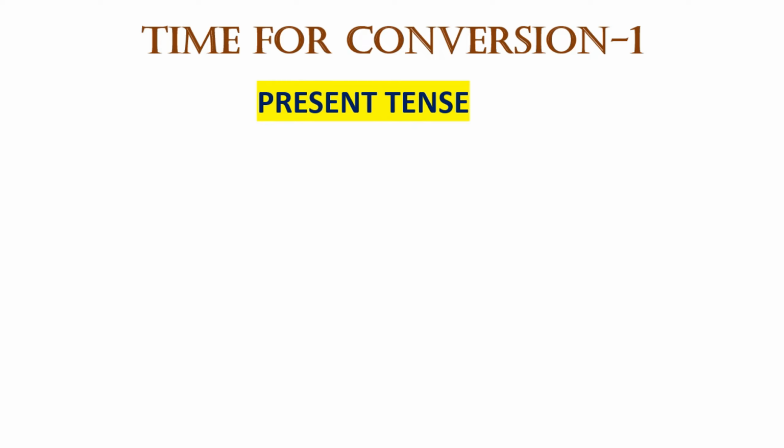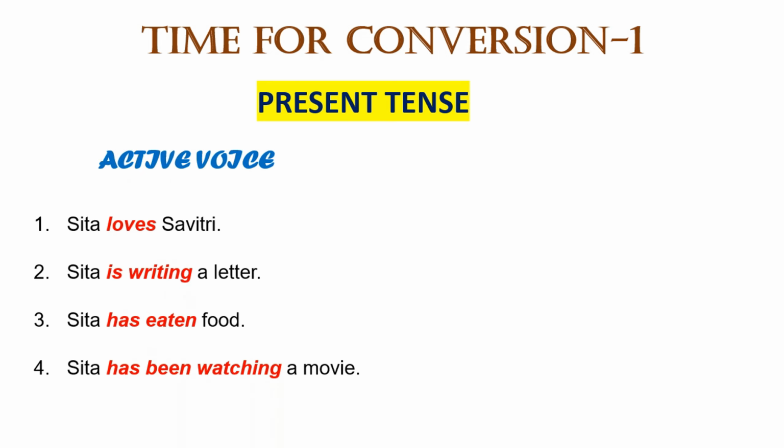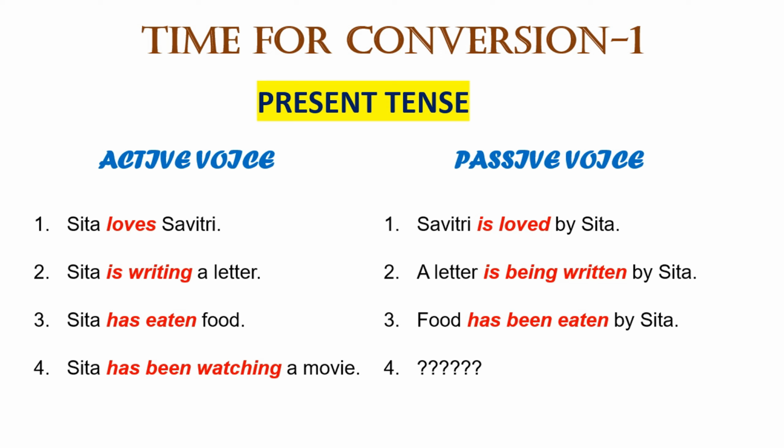Let's convert some sentences in present tense in the active voice into the passive voice. So the answers look like this when the sentences in the active voice are converted into the passive voice. Now, why is there a question mark in the fourth example? Does it mean that it cannot be converted?